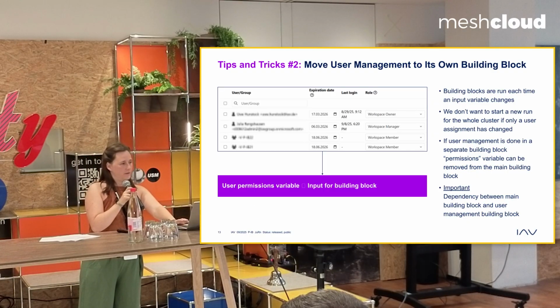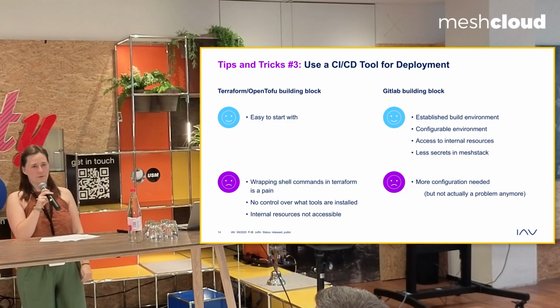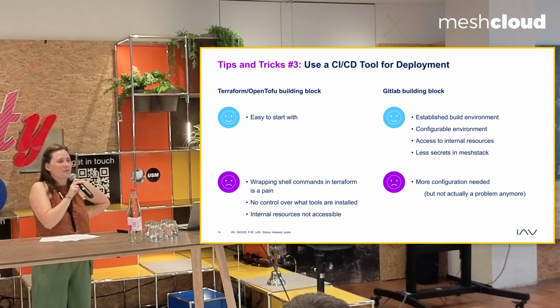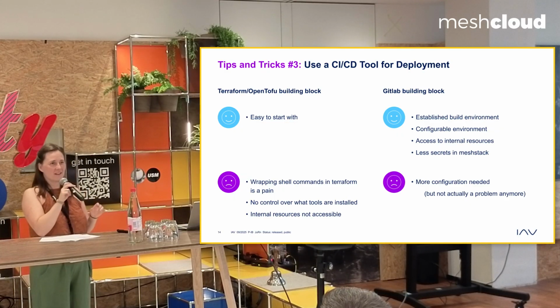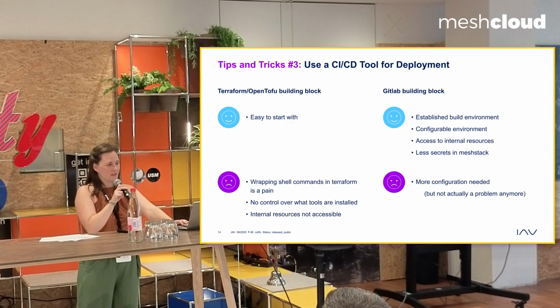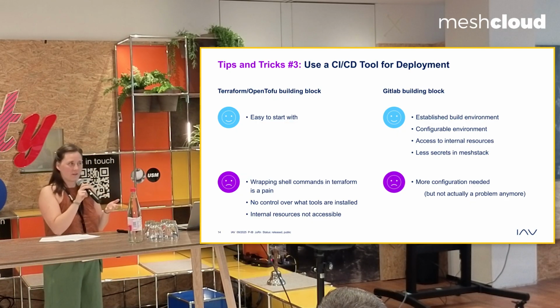Then the third thing we learned was that it makes sense to use a CI/CD tool for deployment. I know now we have native Git building blocks and GitHub building blocks in meshStack. When we started, that didn't exist yet. So we only had the classic Terraform building blocks. And if you use them as they're designed to be used, then it's very easy to start.